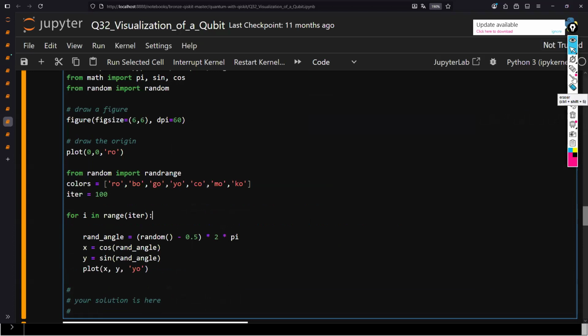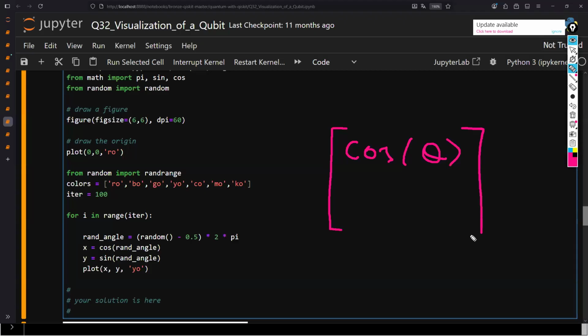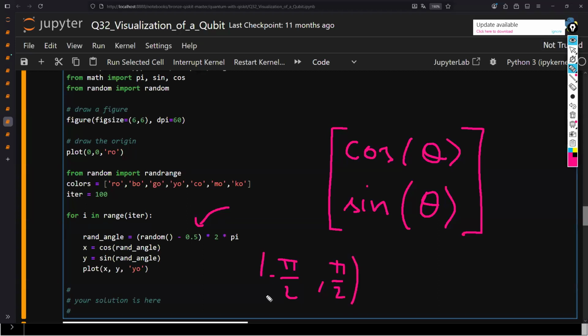First of all, we can express in general our state as cosine of some angle theta, and then sine of theta, where theta is some random number from negative to positive pi over 2.